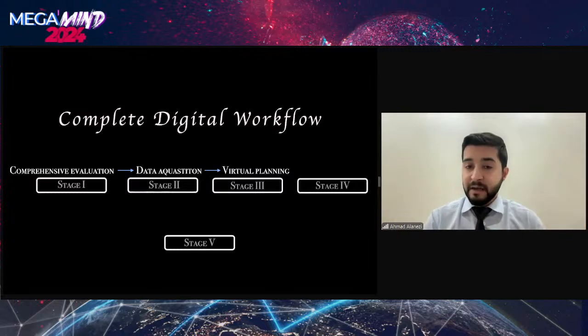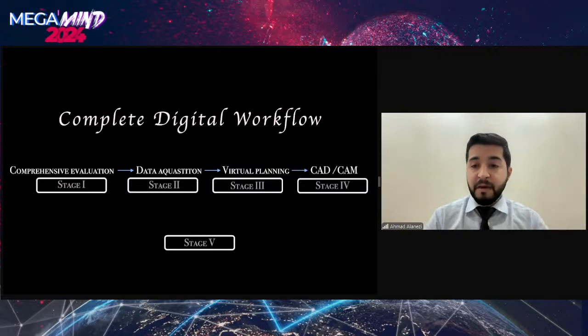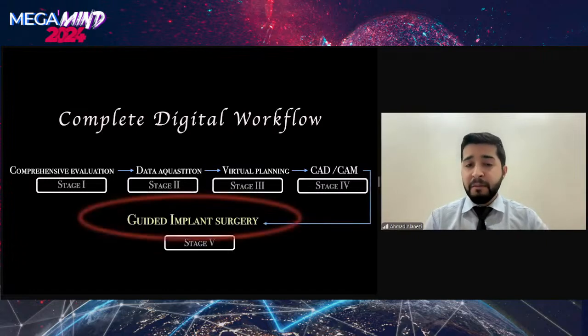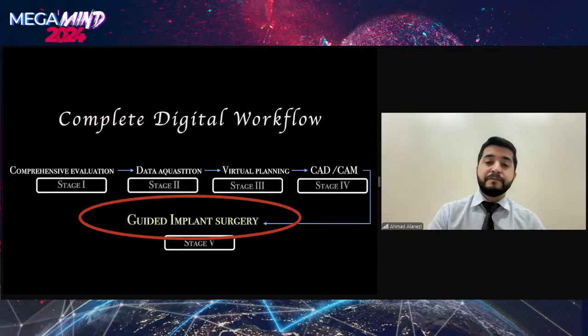You'll be able to design your guide, and then you can move into CAD/CAM technology, where you can either mill or print your prosthesis or your guide, and perform your guided implant surgery.